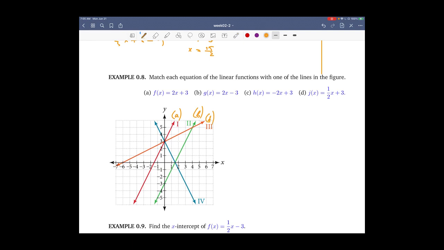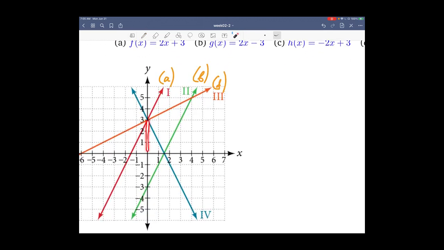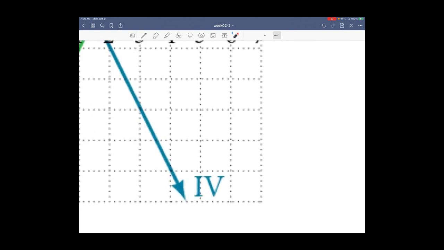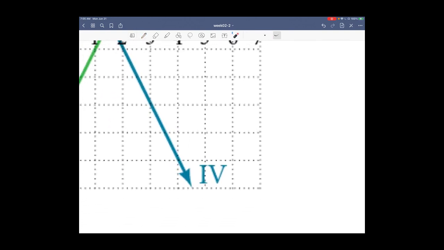And let us check that the remaining line is line C. The y-intercept is 3. What about the slope? Consider, for instance, these 2 points. As you run for 1 unit, you drop for 2 units.